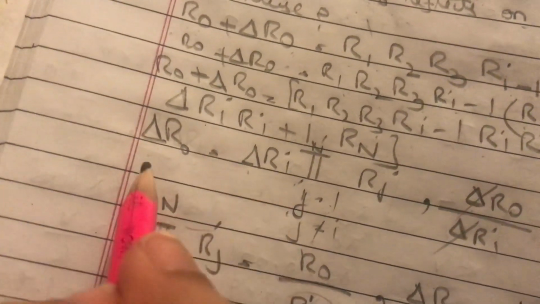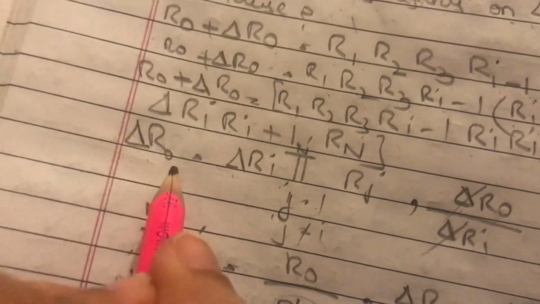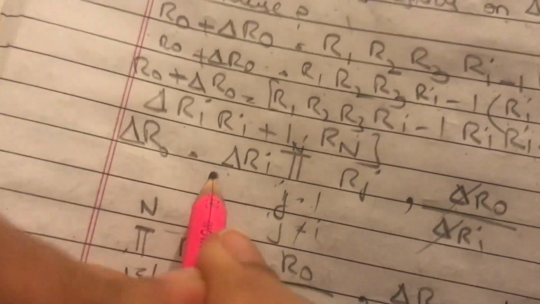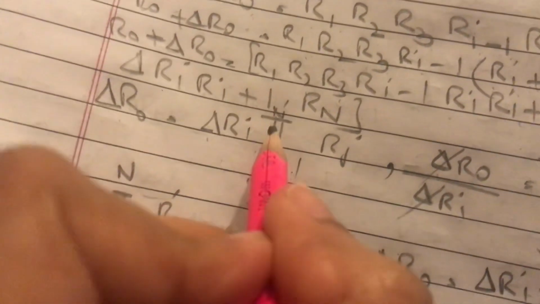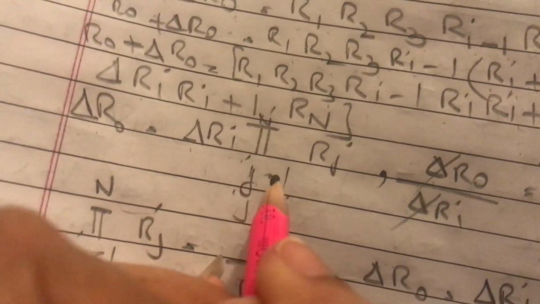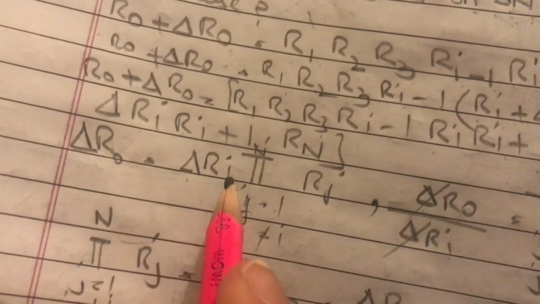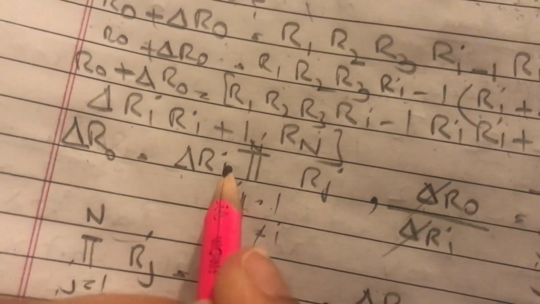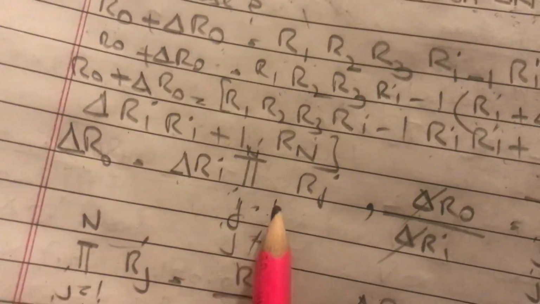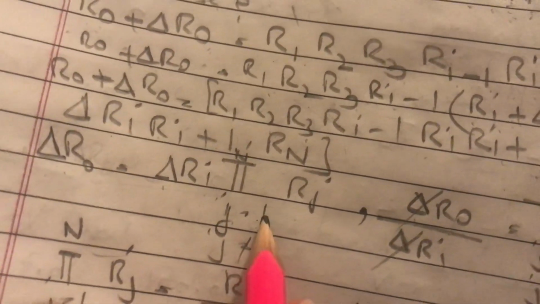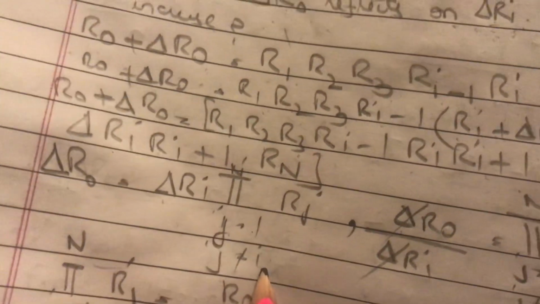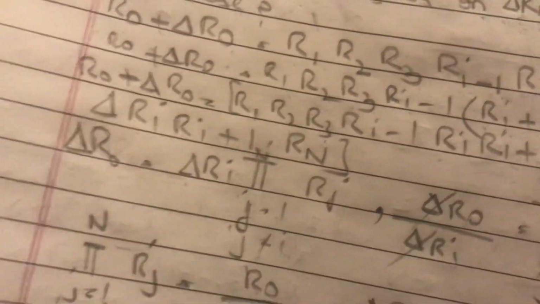So what we write now is delta R0 equals delta Ri times the product from j going from 1 to n, where j is not equal to i. This i and j are not equal. So j goes from 1 to n, j not equal to i, of Rj.